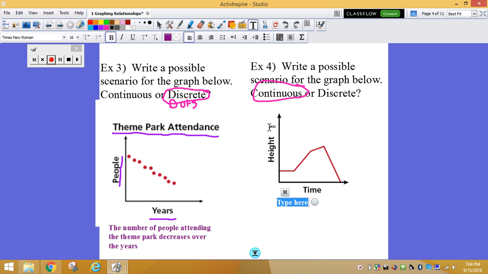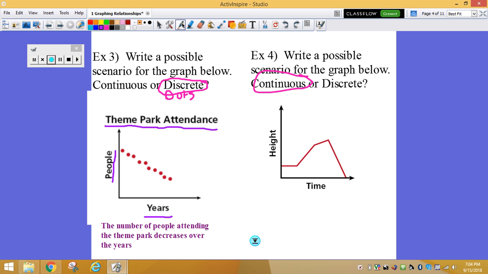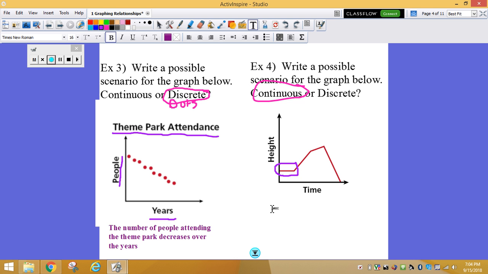Okay, this one doesn't have a title, so we can really make it about whatever we want. But we have to make sure and include height and time. So I'm going to go through, and here's what's important with continuous graphs. You need to make sure that you're including every part, okay? So right here, how would I write about that part? I would say something like the height stayed constant, right?